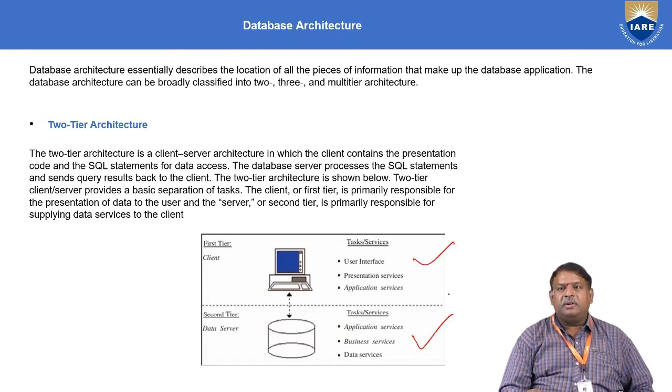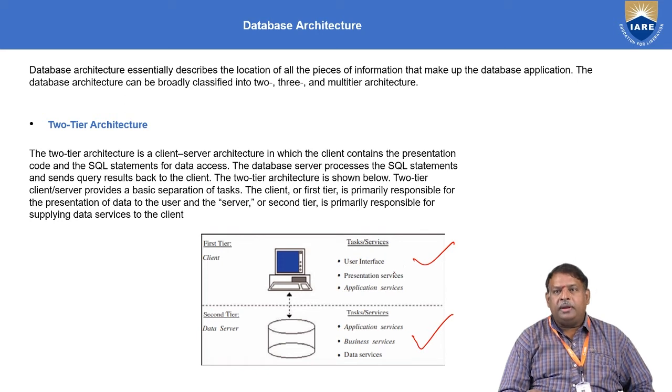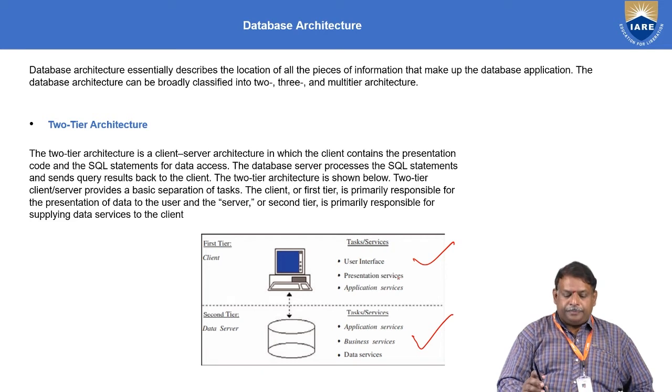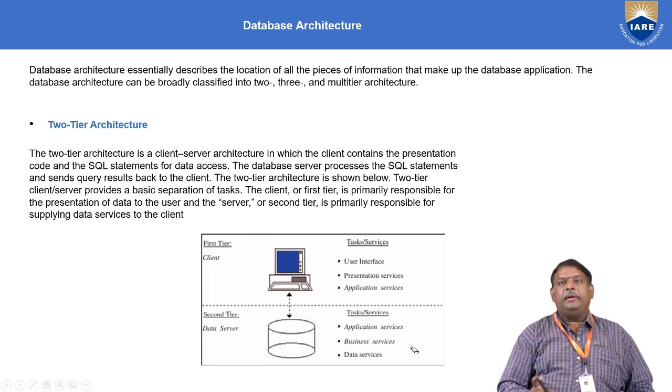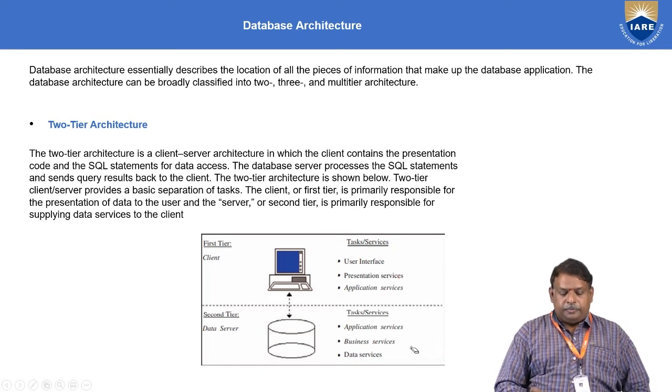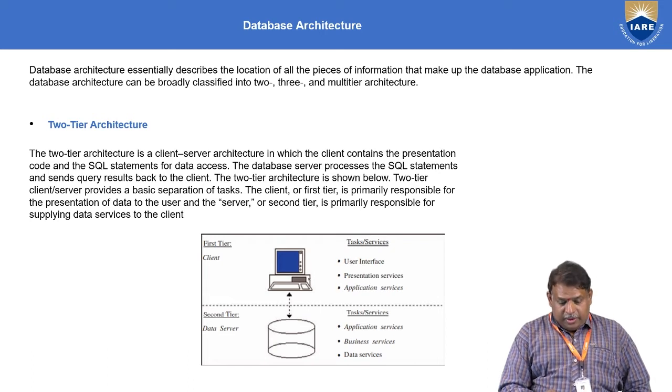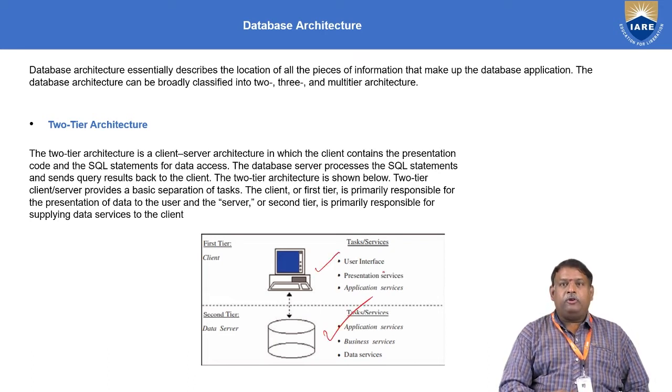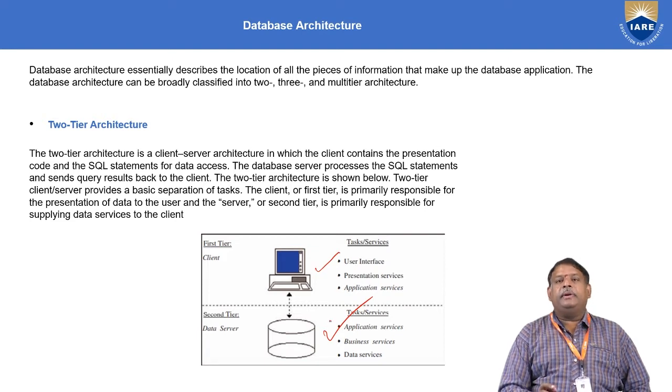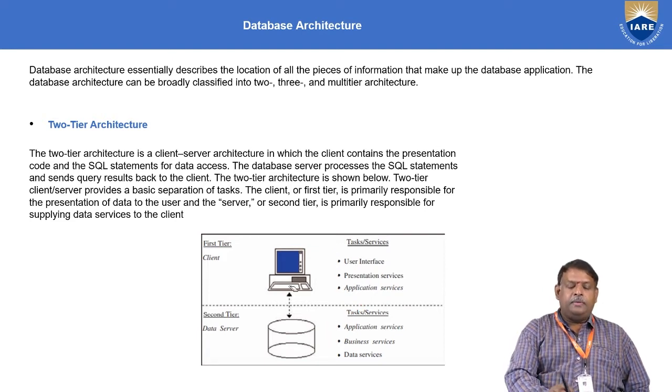The client asks for some data to be retrieved from the database server. When the request comes to the database server, it processes and gives back the result to the client. This is the 2-tier model. In this we have one client and one database server. The first tier is the client, the second is the database server. So this is the 2-tier.